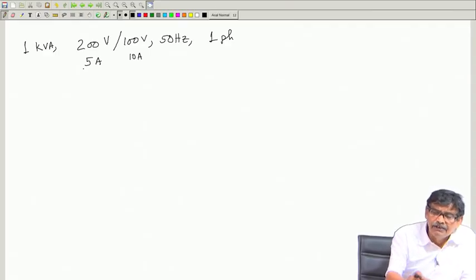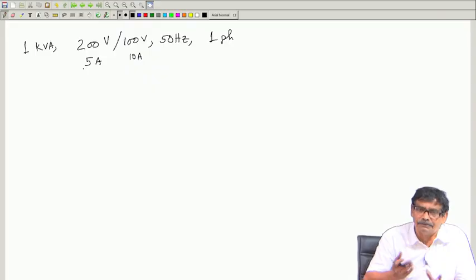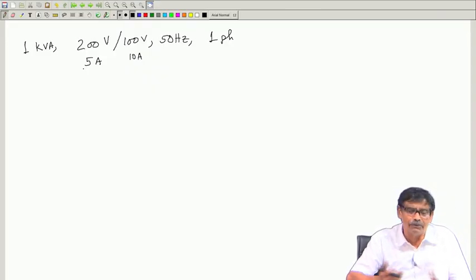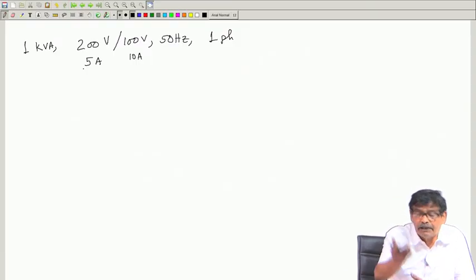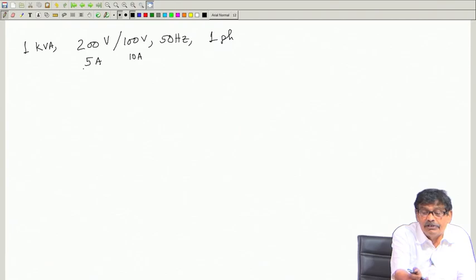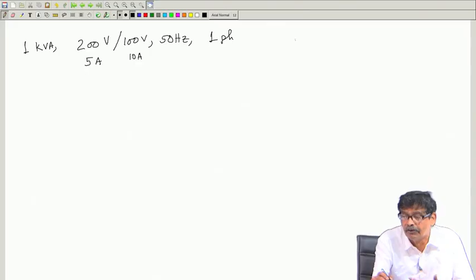Similarly, these current values are also reasonable values, 5 ampere, 10 ampere are not large values at all, no issues. You can have wattmeters of these ranges. Therefore, if you carry out the open circuit test from the HV side, you can do it. What is wrong?